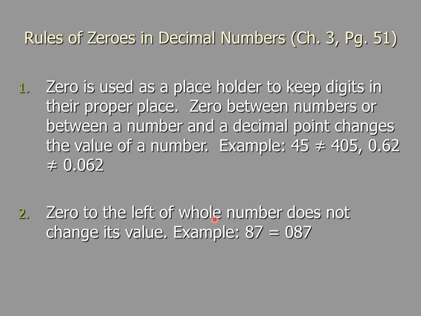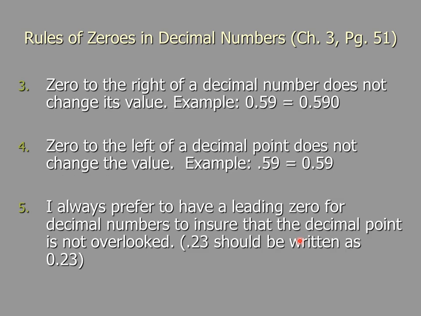Right? But in some cases, like this one, the 0 does not have any value. For example, if we have a 0 to the left of a whole number, like here, this 0 does not have any contribution, it doesn't make any difference. And a 0 to the right of a decimal does not have any value as well. But remember, that's only true when the 0 is at the right side and there is a decimal point before that.